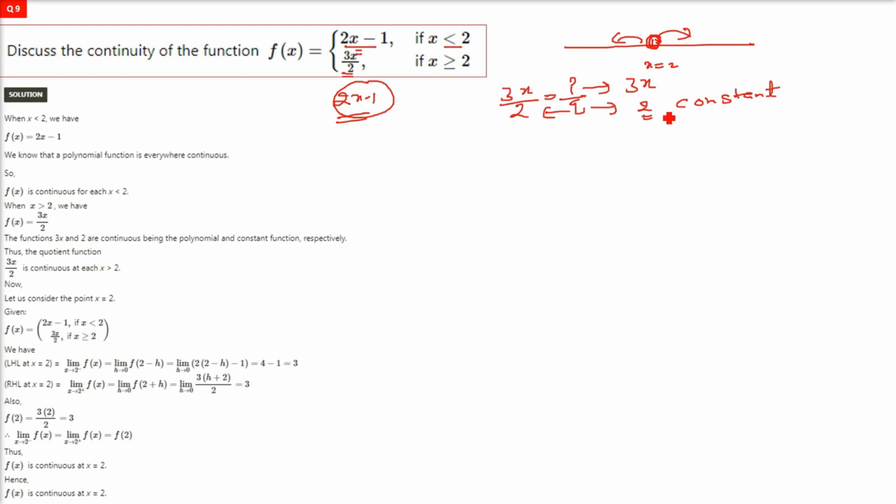So the quotient function, the p by q form, will also be continuous when x is greater than 2. So we have to see the point of contention, which is x equals 2, where actually these two functions meet or change.